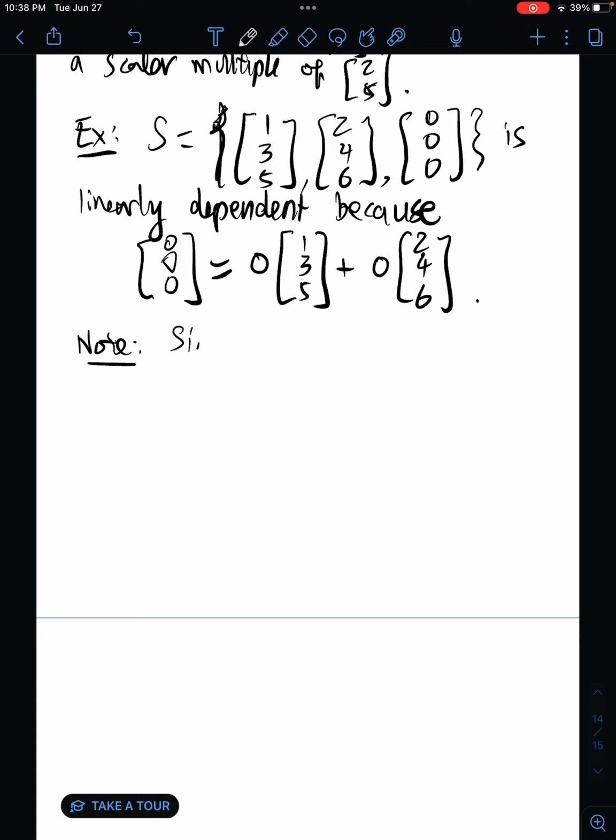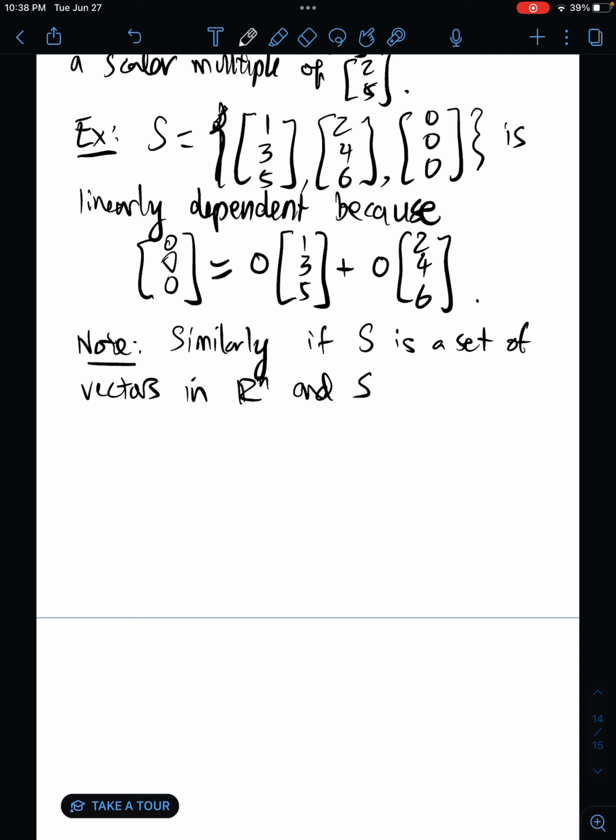Similarly, if S is a set of vectors in, say, Rn, and S contains the 0 vector, S is linearly dependent, because you can write 0 as 0 times a different vector.